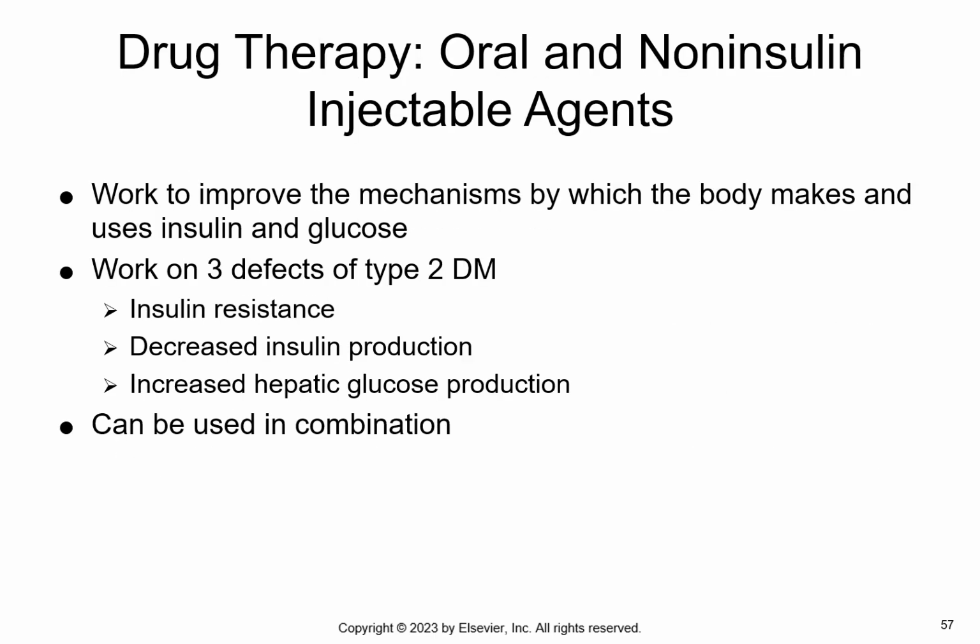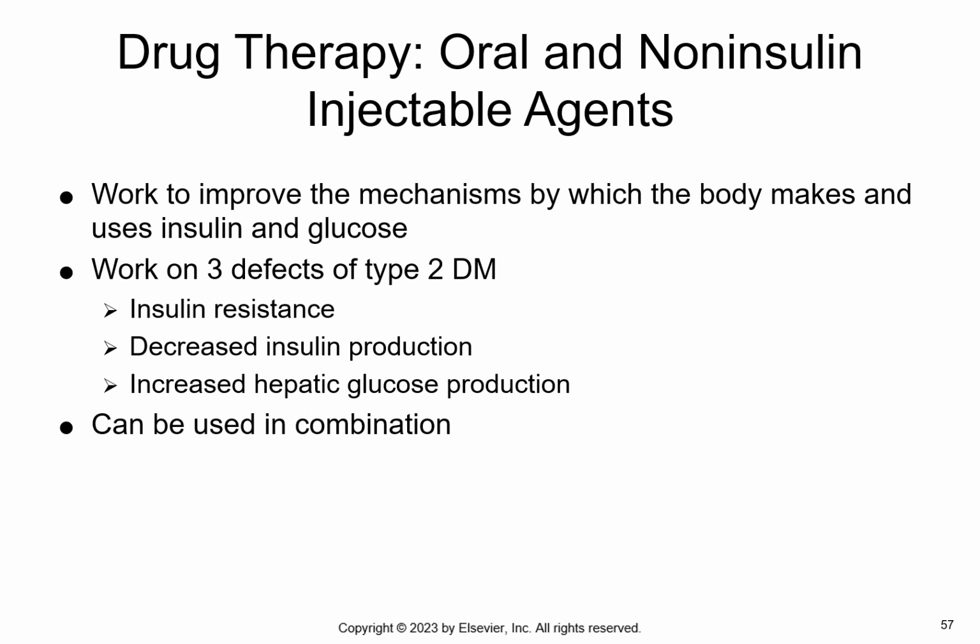So when we talk about drug therapy, oral and non-insulin injectable agents, OAs and non-insulin injectable agents work to improve the mechanisms by which the body makes and uses insulin and glucose.